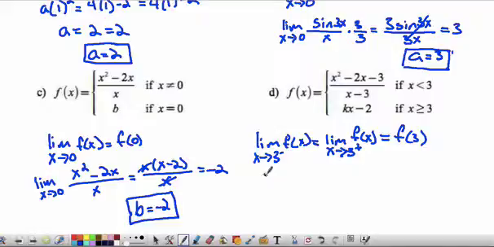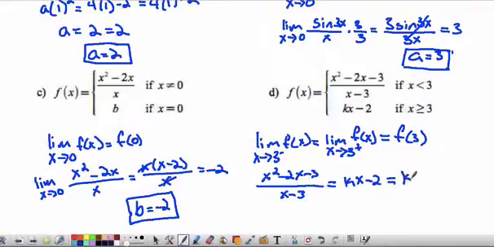So for this first one, I'm going to put in my top one here, because from the left is x squared minus 2x minus 3 all over x minus 3. From the right, we have kx minus 2. And then at 3, we would also have kx minus 2.